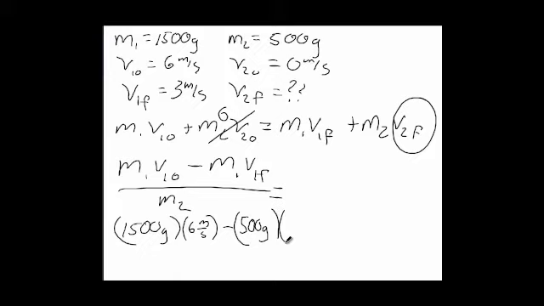It's important not to drop your units out. And notice that the grams will cancel from both the top and the bottom, so it doesn't matter that we have not converted to kilograms.